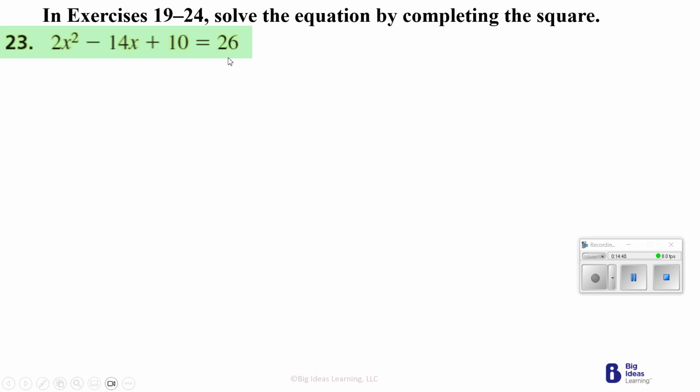23 says, well, yeah, we can combine these 2 here. If I do that, I'm going to subtract 10 from both sides, and we're going to factor out the 2 at the same time. It looks like what they did, and I'm going to fill in the blanks here. They minus 10 from both sides. That's what gave them the 16, 26 minus 10.